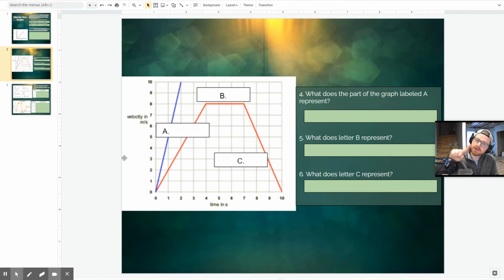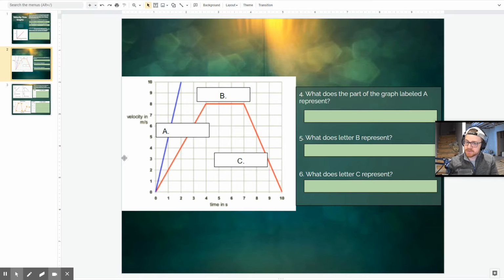As time goes on, our displacement is changing. But not only that, when it's a straight line, it's changing at the same rate. It's changing at a constant rate. What I talked about in class, constant velocity.